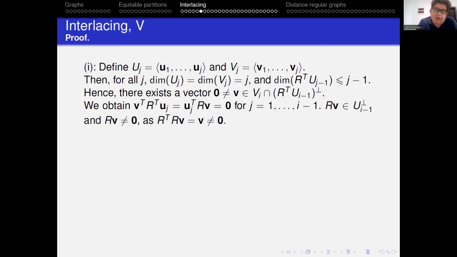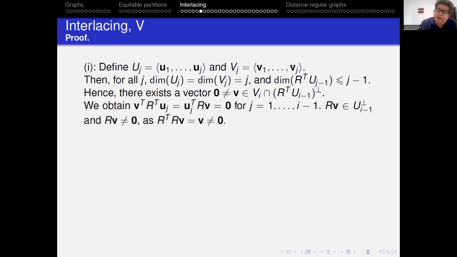And then we can calculate this. v transpose R transpose U_{j-1} is 0. So we get that Rv is in U_{j-1} perp, and Rv is not 0, as if I multiply it by R transpose, I get the v back.